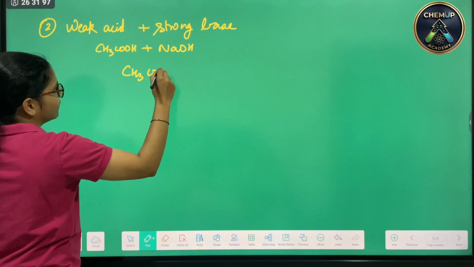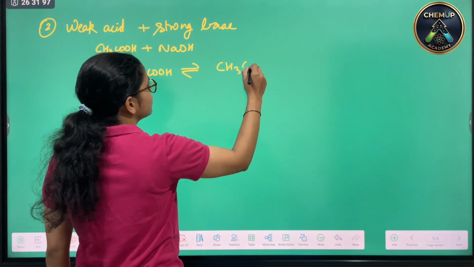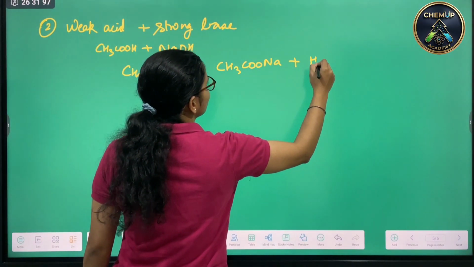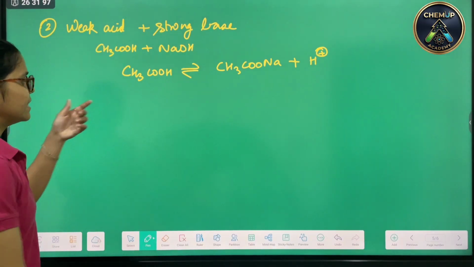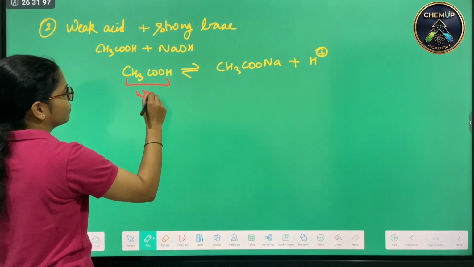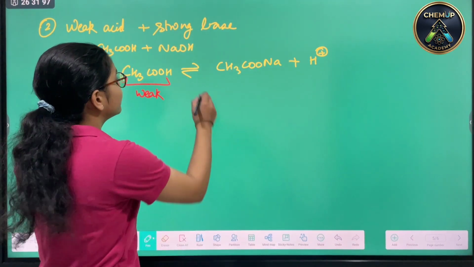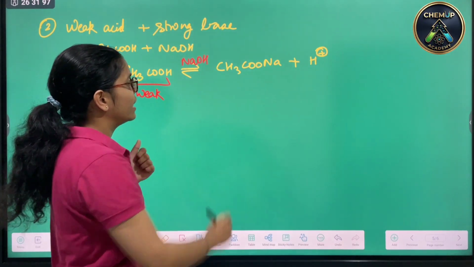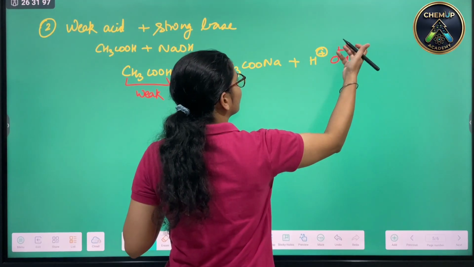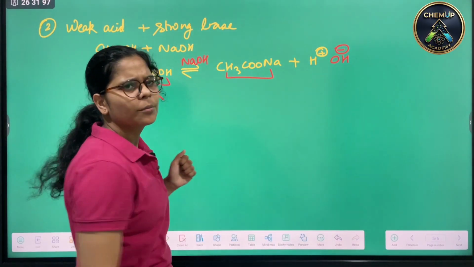Weak acid says that we have this and there is not complete dissociation, therefore we can say that CH3COONa, and here whatever is left, that means H ions would be left. Now we can see that this is a weak acid, therefore incomplete dissociation occurs, and on combination with NaOH, we have a bit strong component.